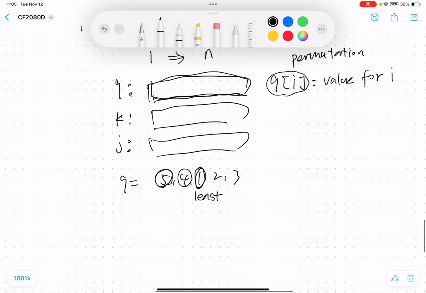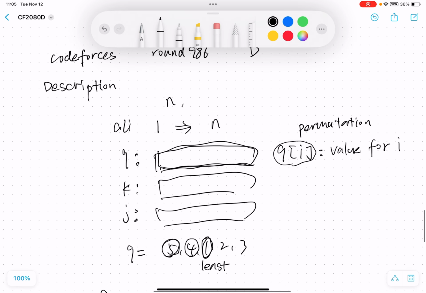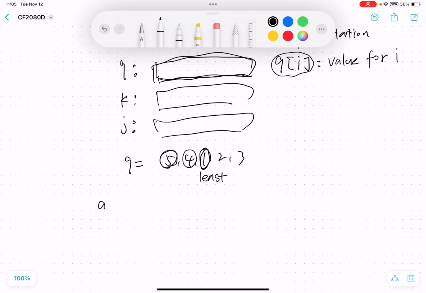For the person Alice, that means this is Alice. He has a card of type 1 and he wants to get the card of type n. The preference of cards will be 1, 2, 3, 4, 5 till n.